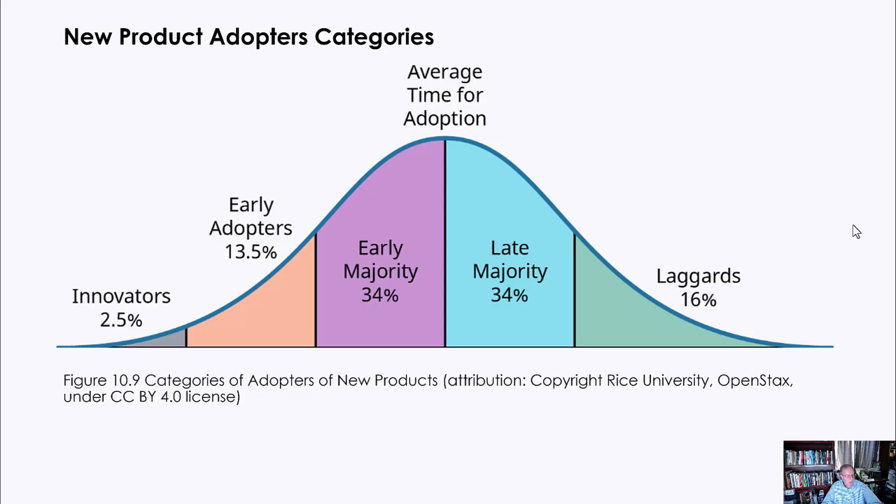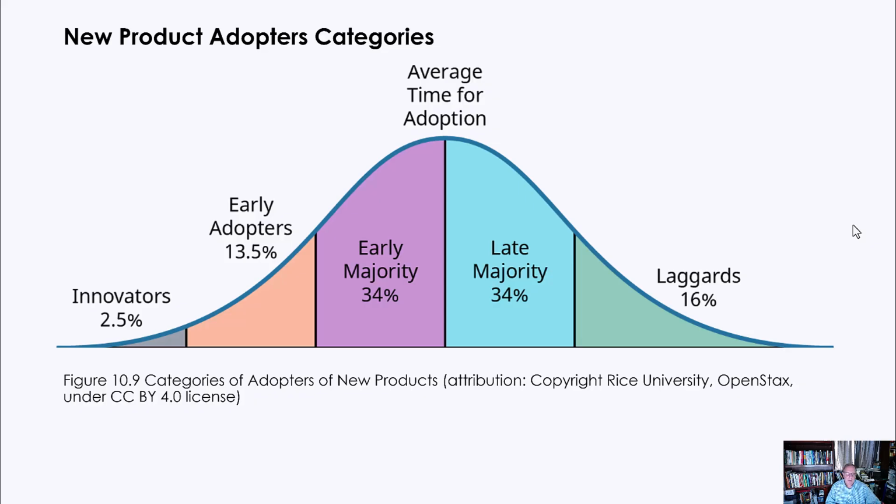So a lot of companies, when they launch, they think, oh, I'm going to have all these great customers because there's this huge market that will buy my product. Well, guess what? Early on, only 2.5% of our customers are going to buy. And then when we actually get really good at launching, the early adopters are only going to be 13.5% of our customers.